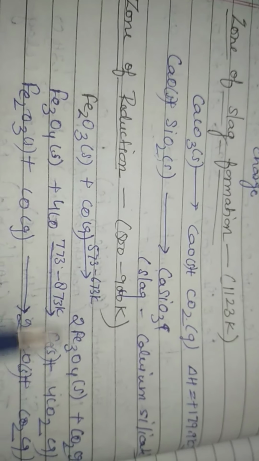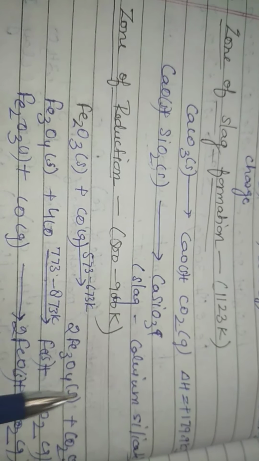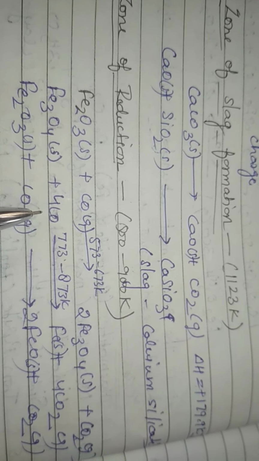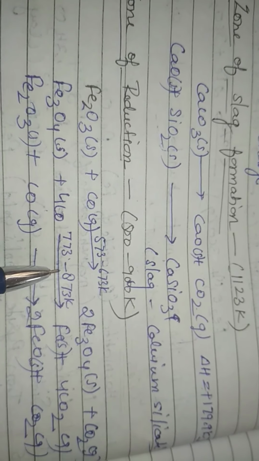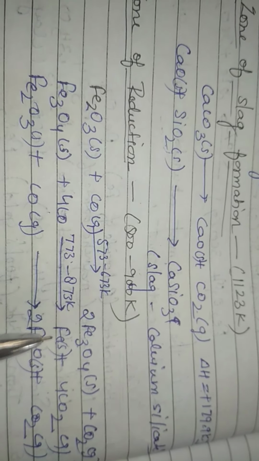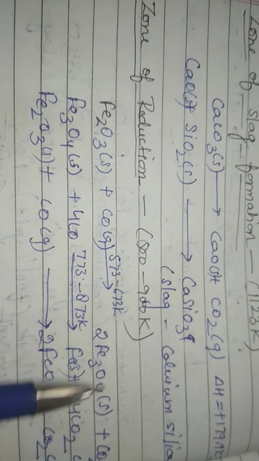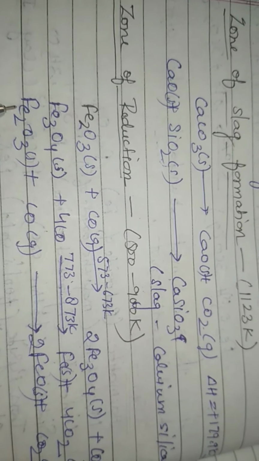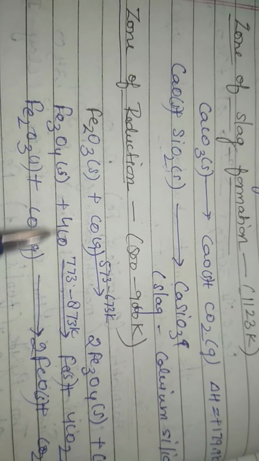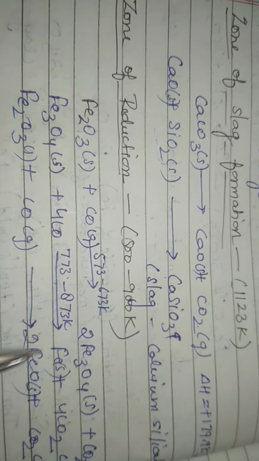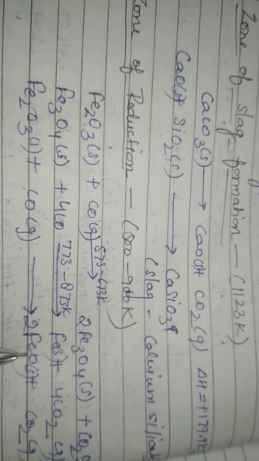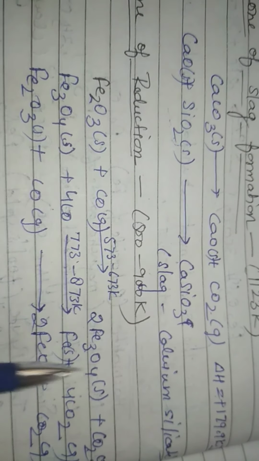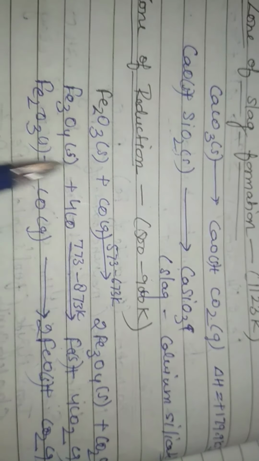Now further, this oxide formed is again reduced by carbon monoxide at a bit higher temperature and converted into iron and carbon dioxide. Some amount of iron oxide is again reduced with carbon monoxide to give ferric oxide. So all these processes go on simultaneously.